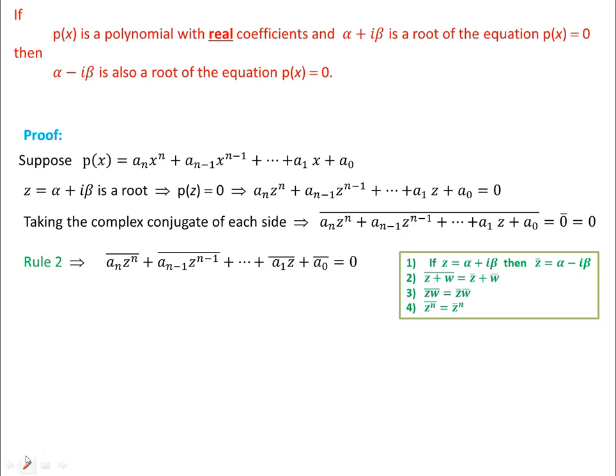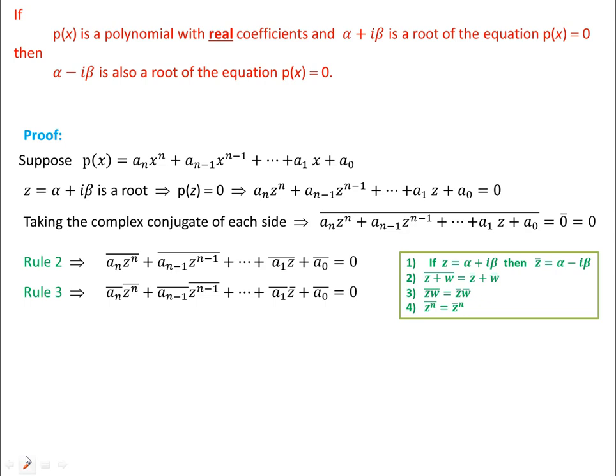So applying that to each of the terms on the left-hand side, we've got the complex conjugate of a_n times the complex conjugate of z to the n plus the complex conjugate of a_(n-1) times the complex conjugate of z to the n minus 1 all the way down to the complex conjugate of a_1 times the complex conjugate of z plus the complex conjugate of a_0 must equal 0.